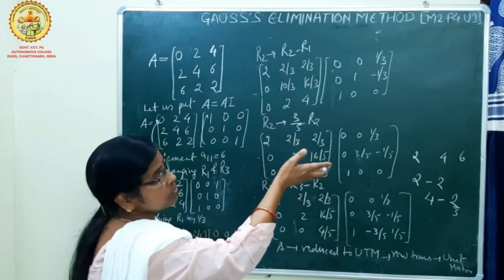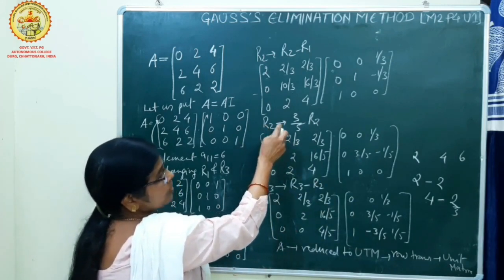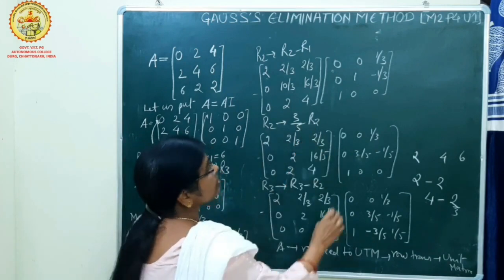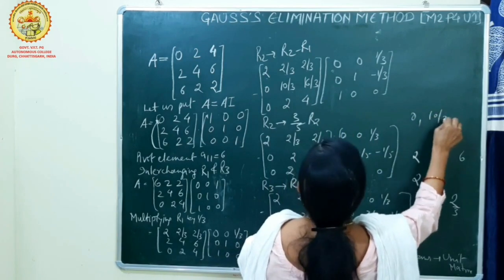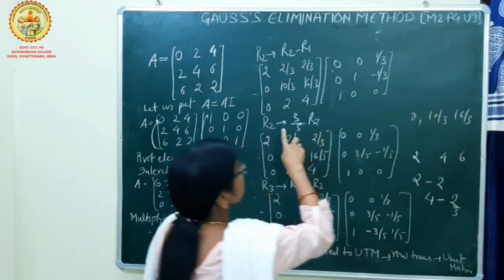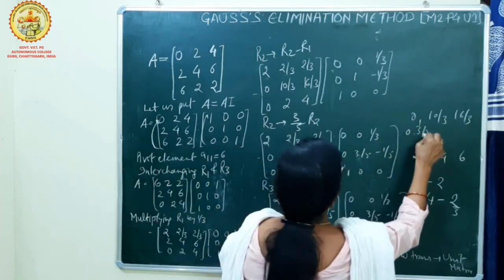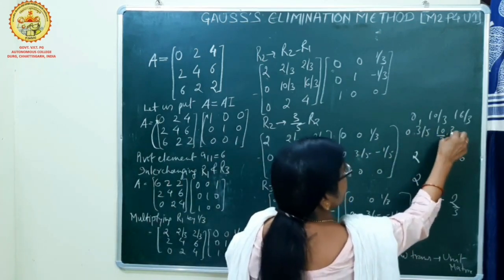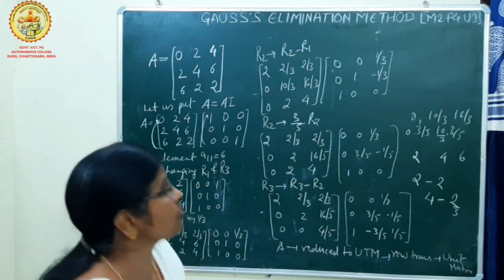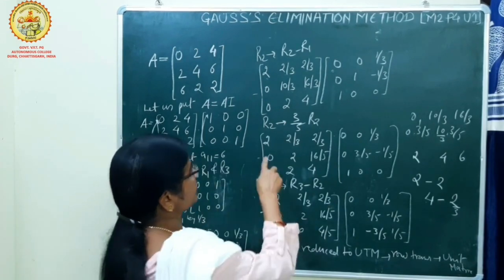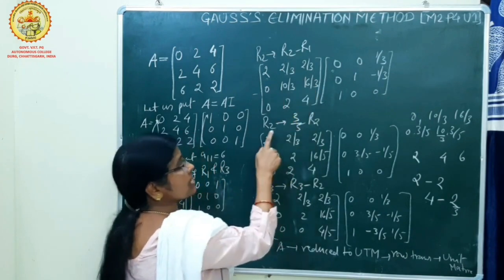Now reducing another row, R2 is replaced by 3 by 5 times R2. If the R2 components are 0, 10 by 3 and 16 by 3, we multiply by 3 by 5: 0 into 3 by 5, 10 by 3 into 3 by 5, and 16 by 3 into 3 by 5. There is no change in the first row, only in the second row.